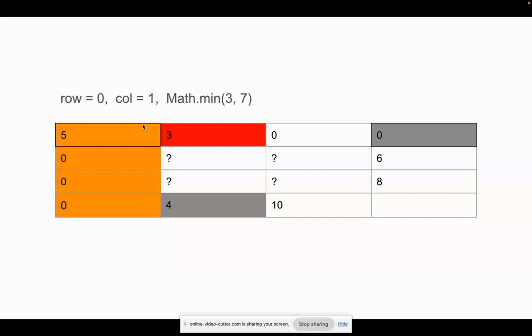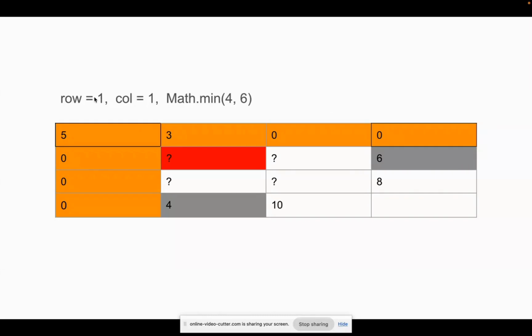Now, because we finished the first row, we need to increase the row by 1. You can see the row increased by 1. Now we need to fill out the cell at row 1 and column 1.